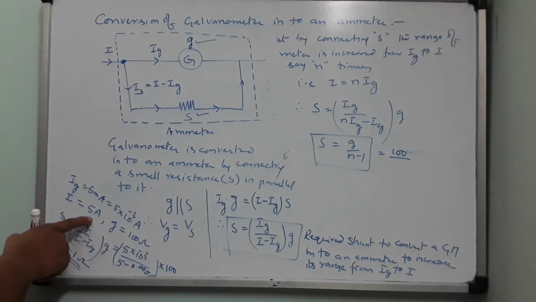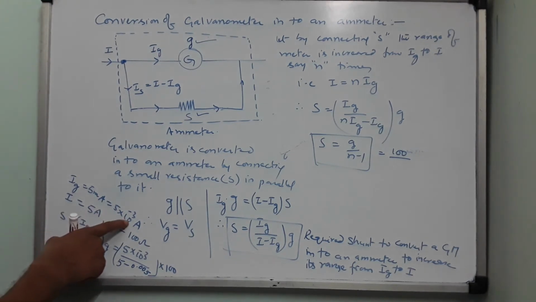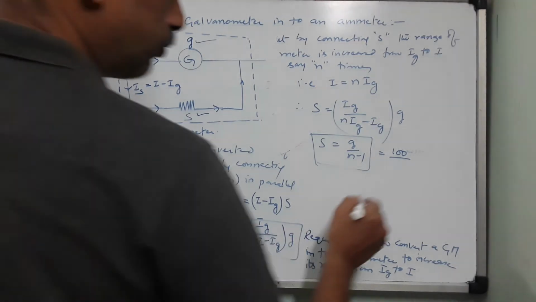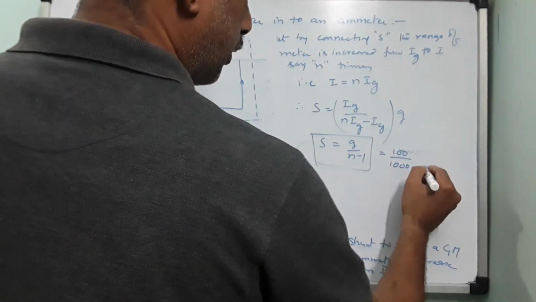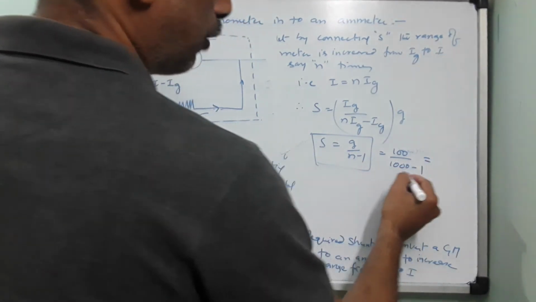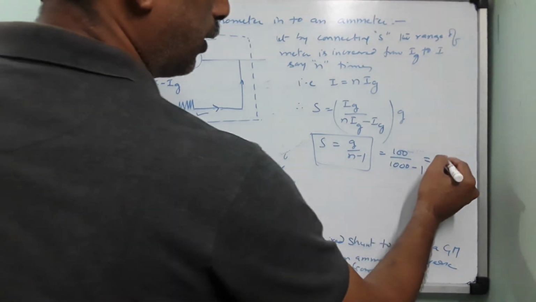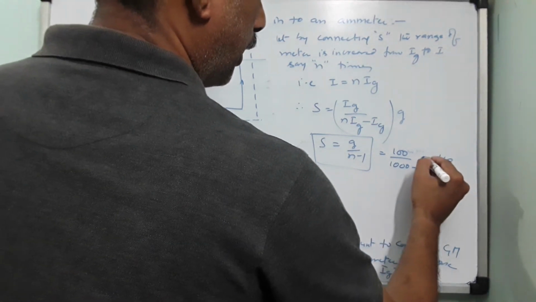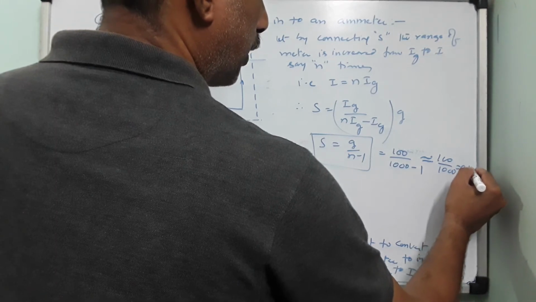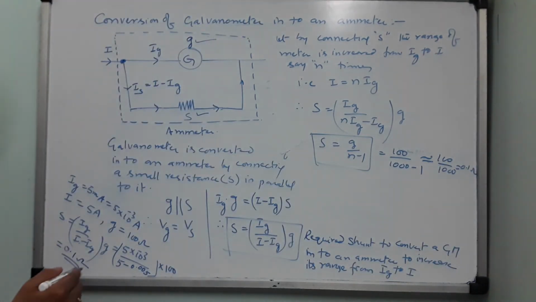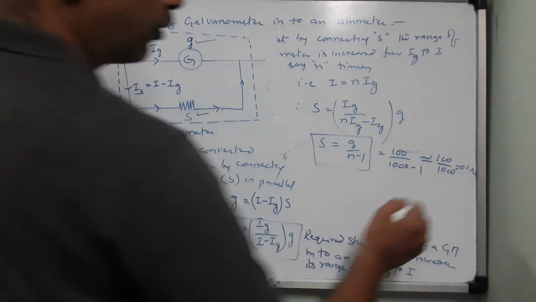You are increasing from 5 into 10 power minus 3 to 5 ampere. That is nothing but 1000 times. Minus 1. So 100 by 1000 minus 1 is almost 1000 only. So this is nothing but 0.1 ohm. Same thing, 0.1 ohm.